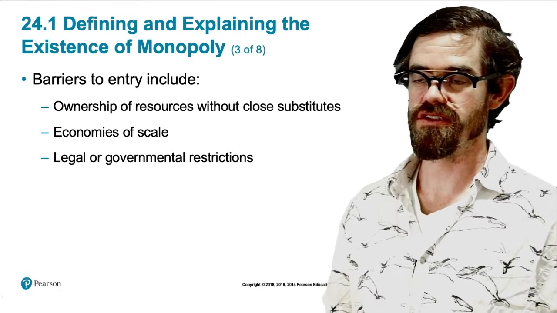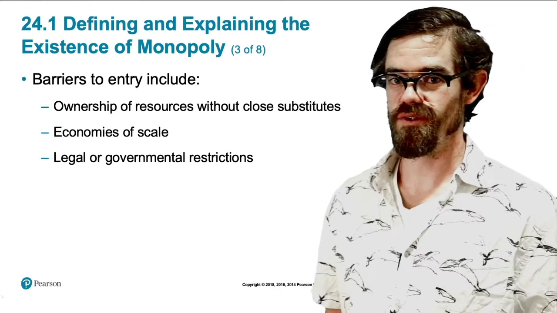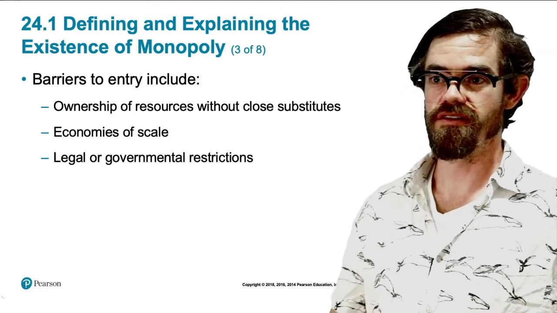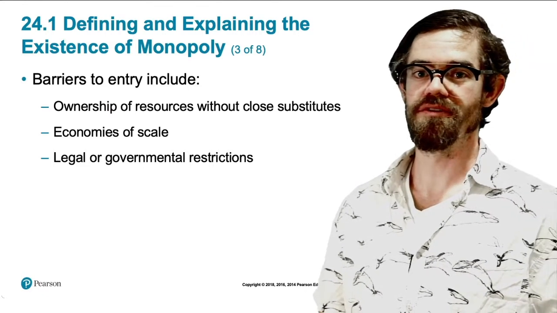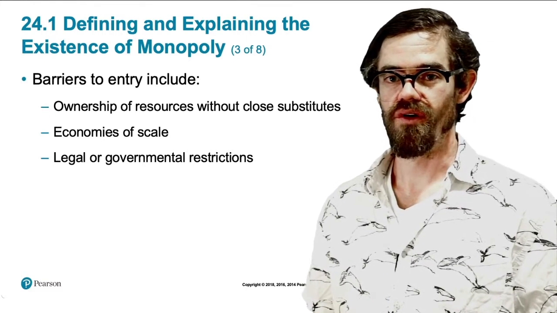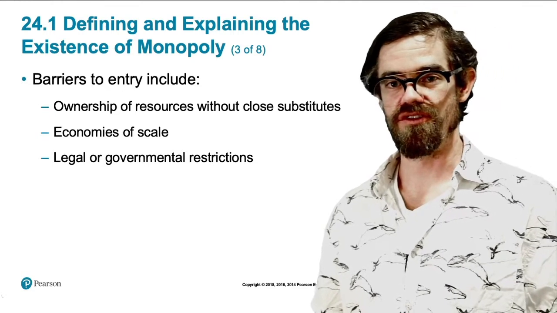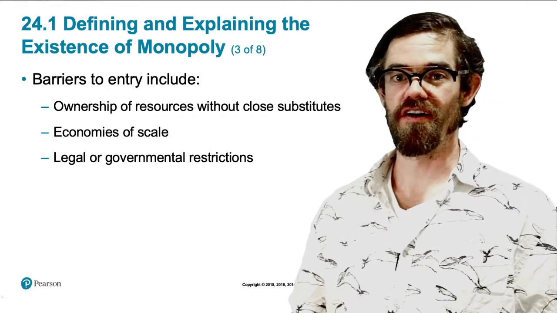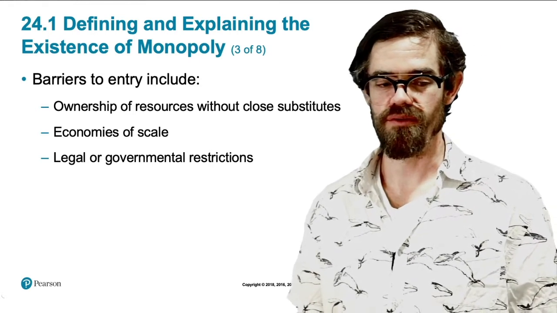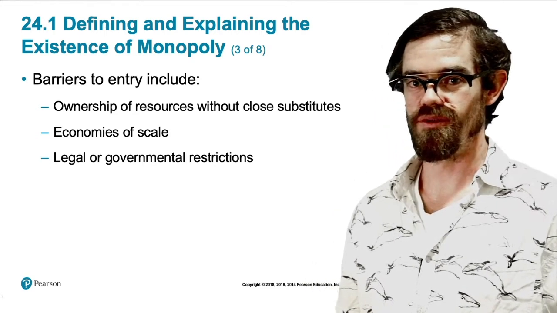They never face constant returns to scale. They never face diseconomies of scale. It's just getting cheaper and cheaper for them to provide the product, the more people they are able to sell to. Because of this, it's very difficult for any competitors to get in and compete with them, because they would first have to incur very large upfront costs and then somehow get to a point where they serve enough customers that their average total cost is low enough to be able to compete.